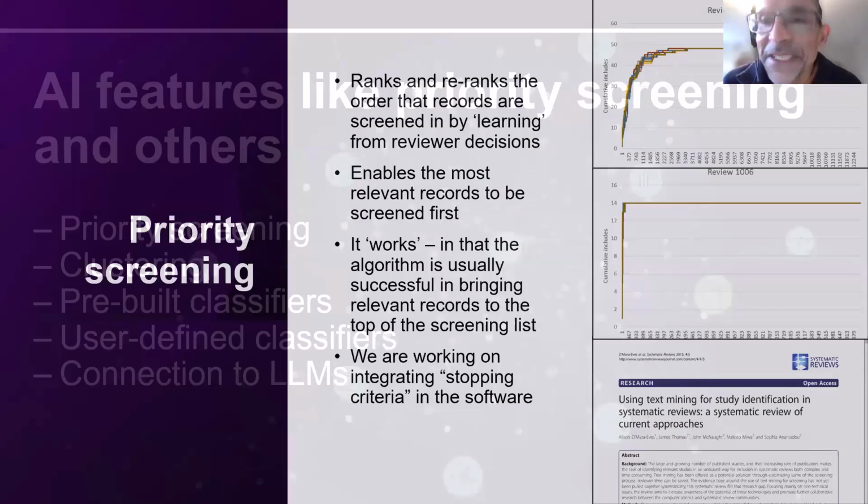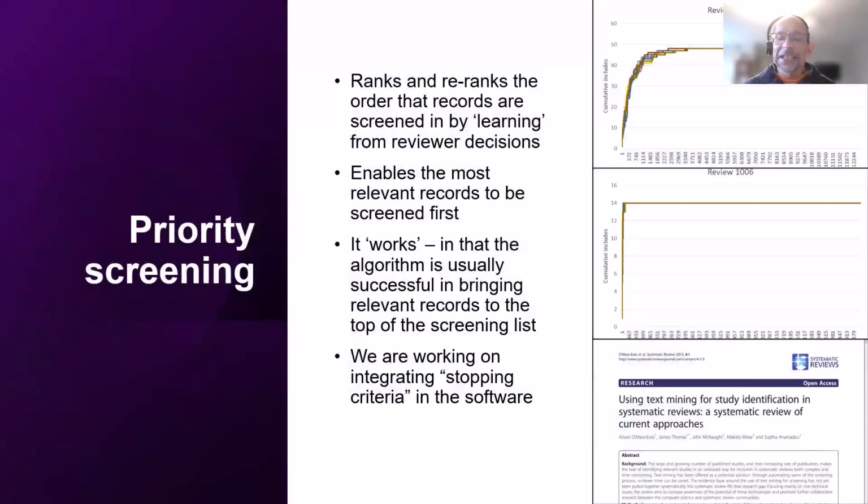So priority screening, obviously, with more and more online databases and more computing resources, the number of references that come back from search results is just growing exponentially. So priority screening can help by learning what you're looking for and then ranking your items according to how relevant they're going to be.